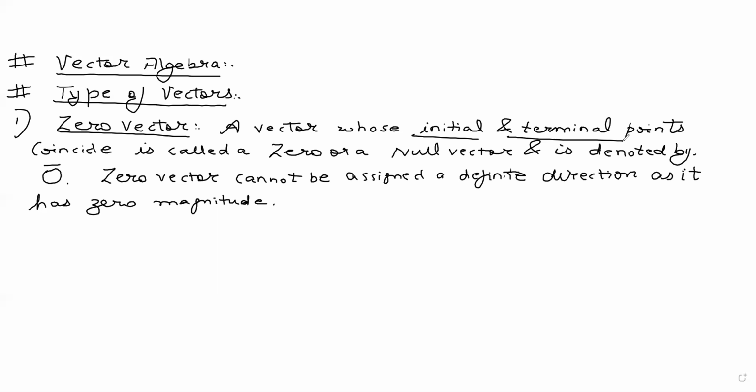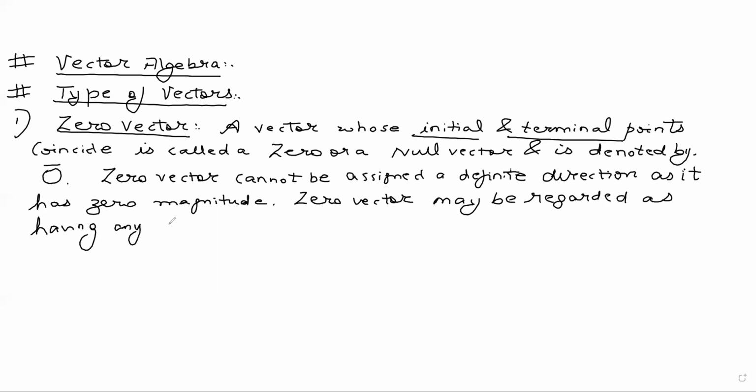Or another way of saying it is as follows. We can say that zero vector may be regarded as having any direction. So how do we represent a zero vector?